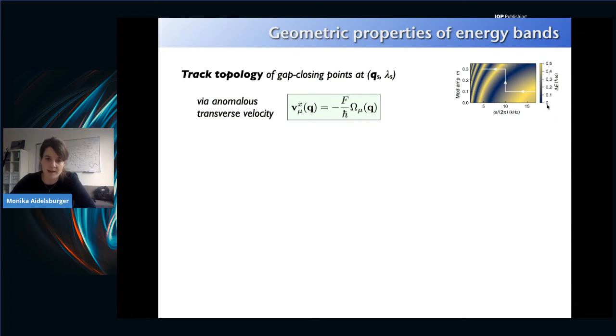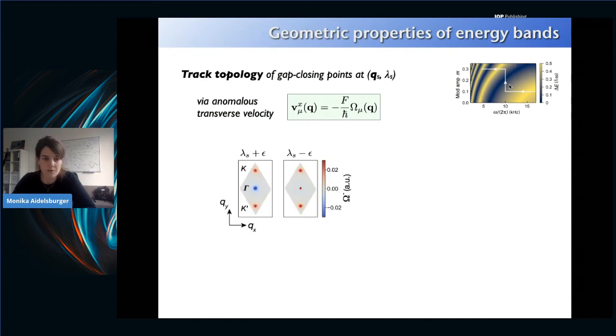So if we look at this white line across our phase diagram again, this parameterizes a family of Hamiltonians where we can characterize the topological properties just before and after the phase transition point. So what we do, and there's an example shown here: you see the Berry curvature of the lowest band just before and just after such a phase transition point, which occurs at this gamma point in the center of the Brillouin zone.